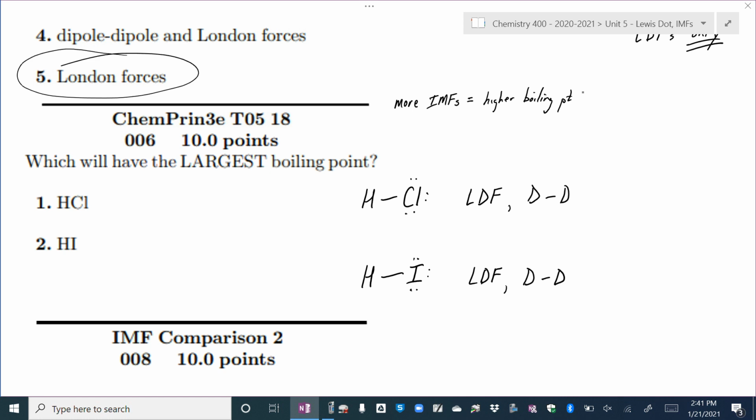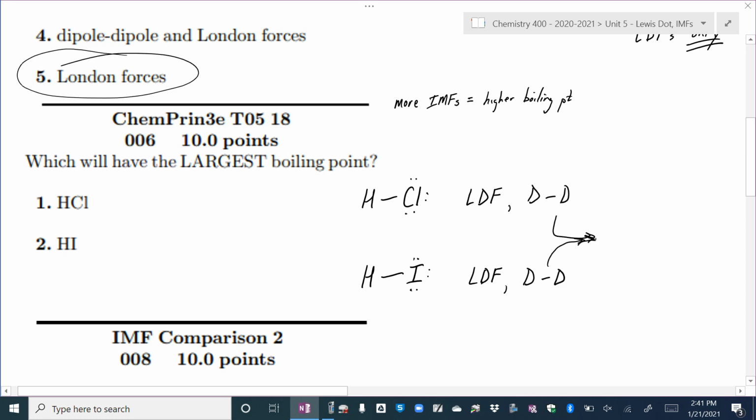All right? So what we want to look at is, are each of these guys polar? Yes, they are polar. Both chlorine and iodine are halogens, so these are going to be pretty polar in terms of their bonds, but they're going to be close.